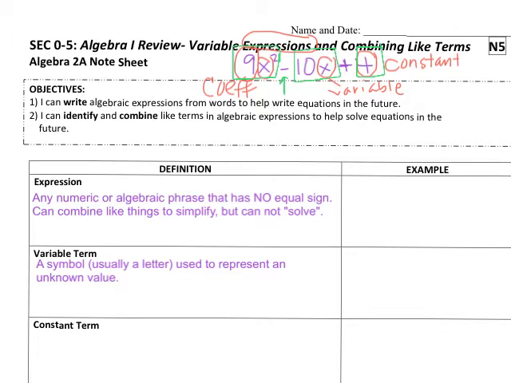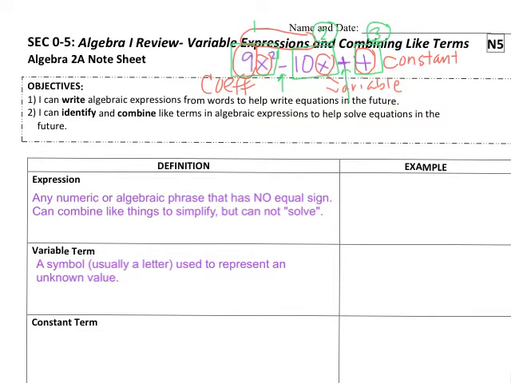Every time there's an operation, a term is separated, while the operation symbol separates the different terms. So in this case, we have three terms, one here that says x squared, two here that says just the x, and then the third one is just a constant term. So these are the things that are important for us to know as we move forward in this lesson.